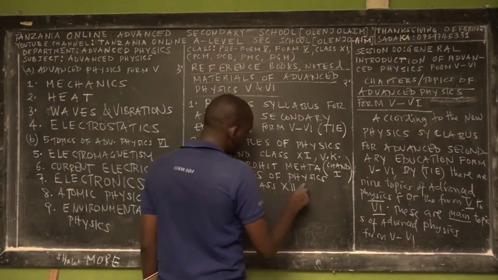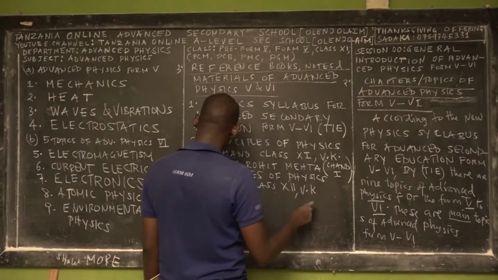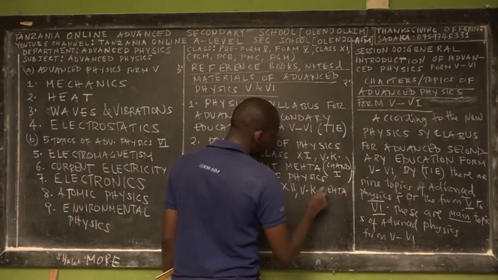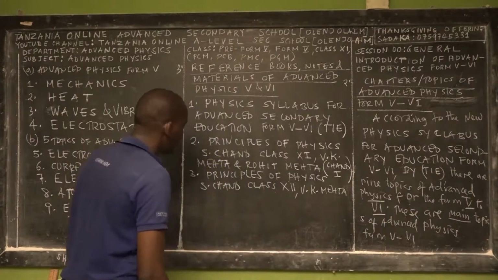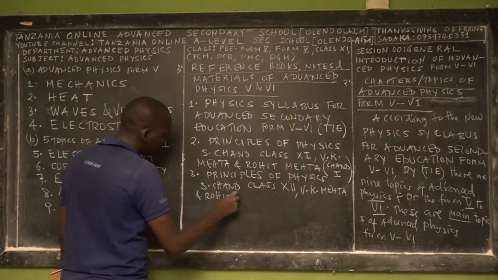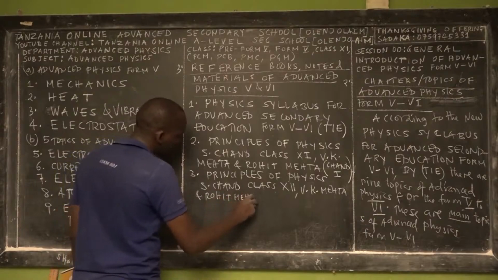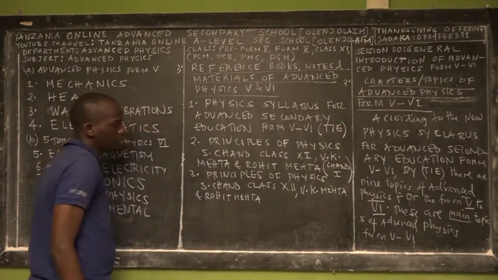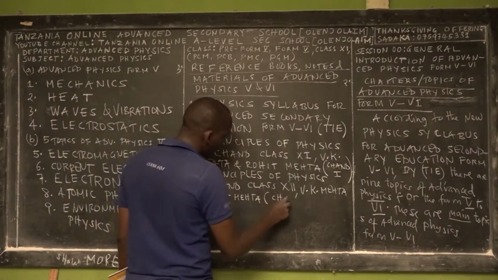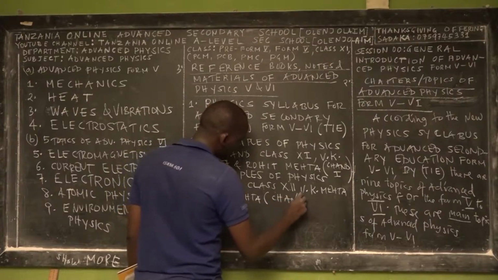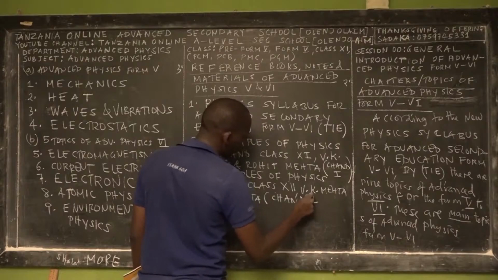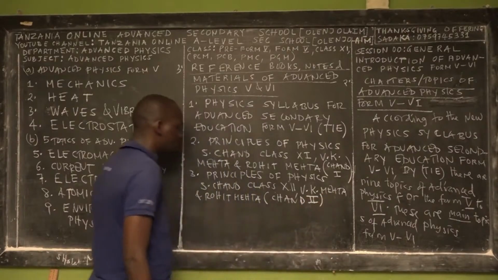The authors are V.K. Mehta and Rohit Mehta. This is also famous in Tanzania with the name Chand 2. Please, my dear students, if you're pre-Form 5, have these books in advance.